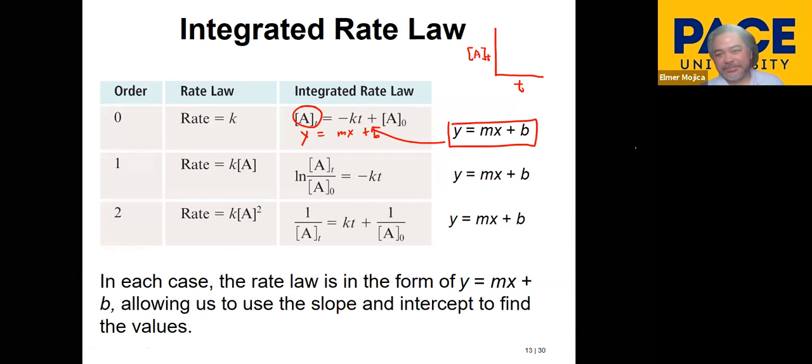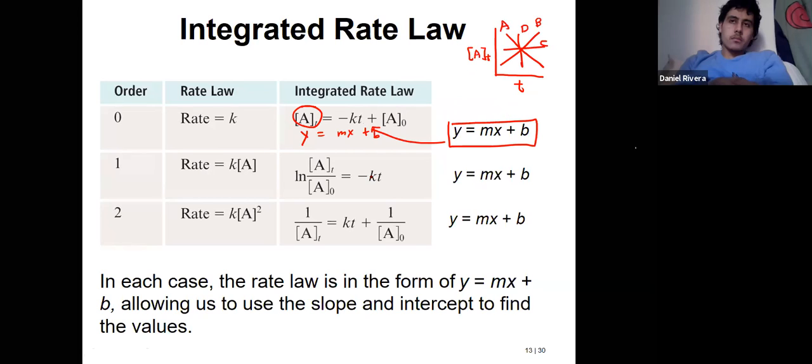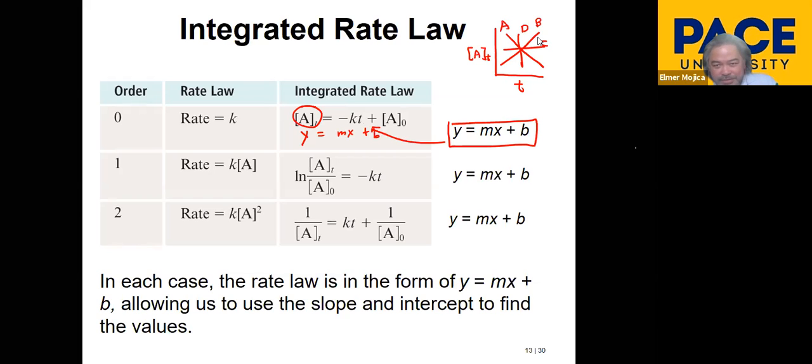Will it be A like this, B like this one going up, C, which is just a straight line here, and D is a straight line also? Anyone?